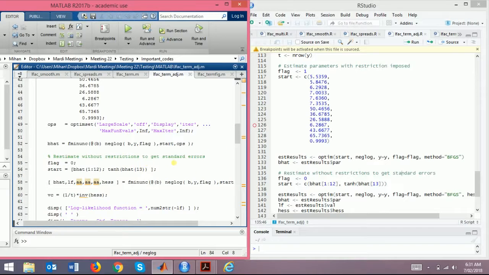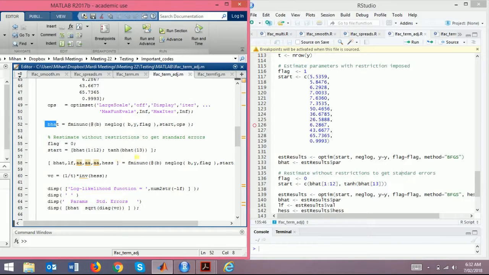But the problem is, next, when we say that we re-estimate without the restrictions, however, in the initialization process, again we used beta hat parameters from the earlier estimation and we restricted phi.